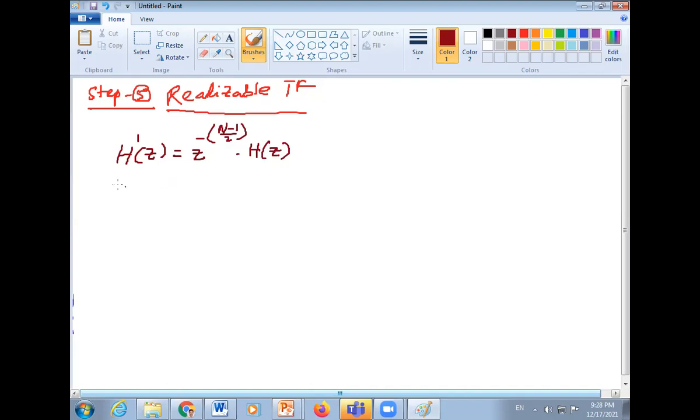Or simply we can write it as h dash of z is equal to z to the power minus 5 into h of z.